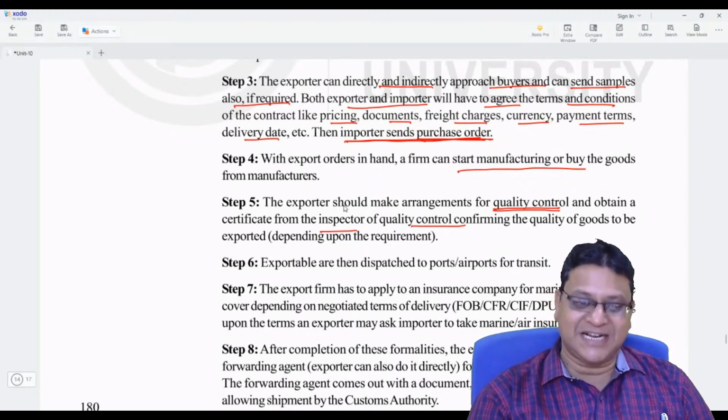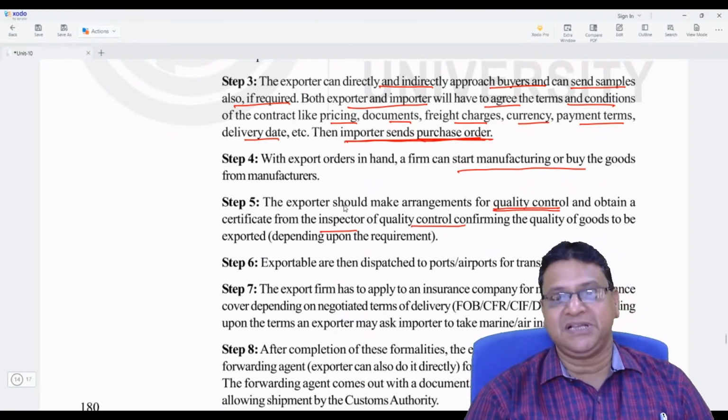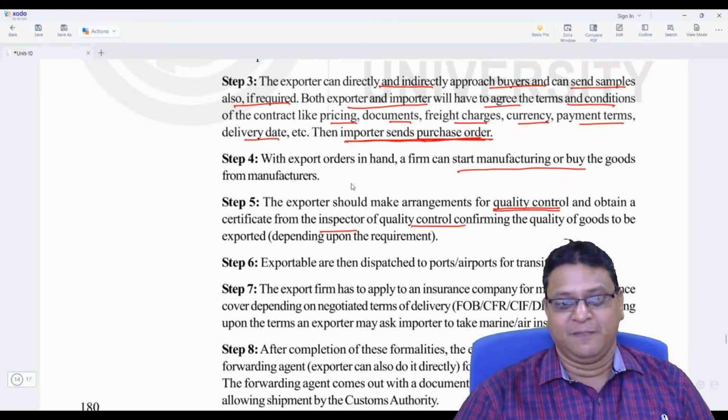Then once you have the certificate, what do you do? First, you get the IE number, then register with EPC, then you obtain a purchase order, then you start manufacturing the goods, then you get a quality control certificate.